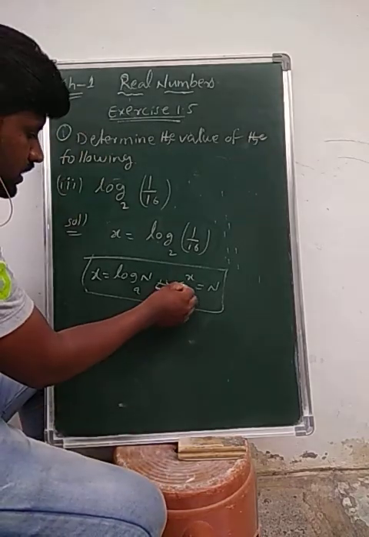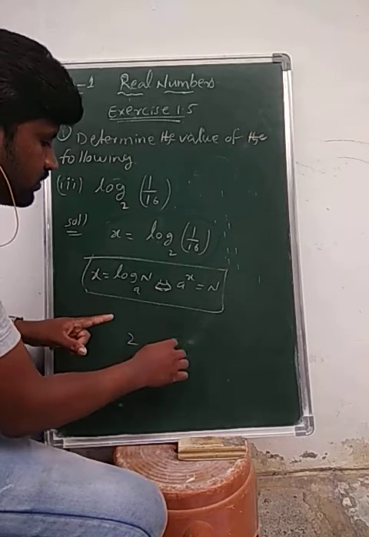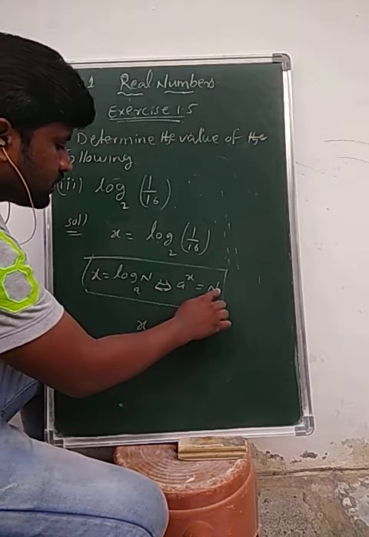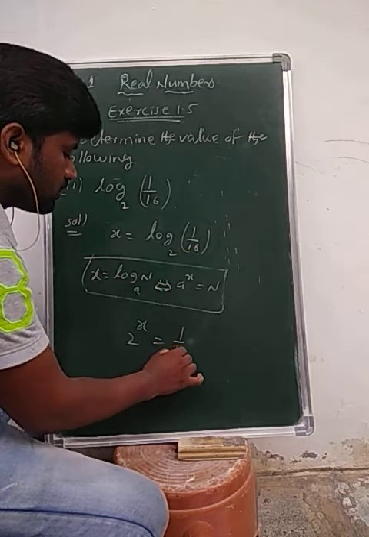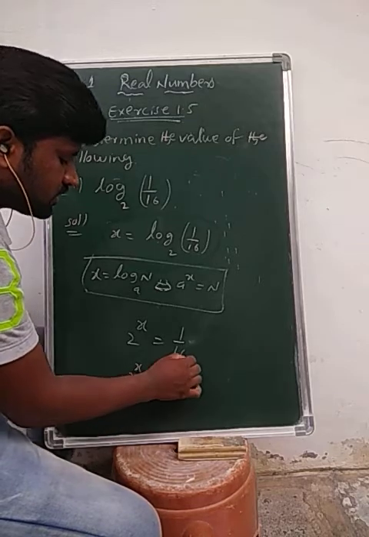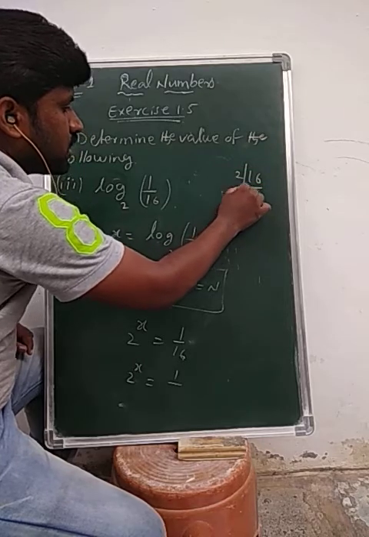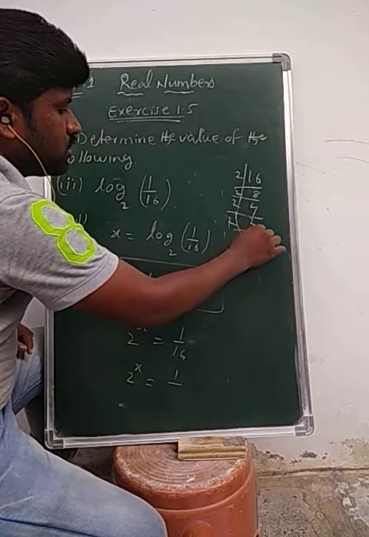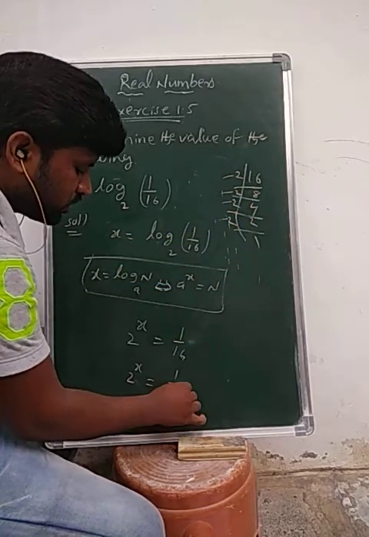Okay, this is the formula. Now see here, a means 2, so 2 power x is equal to n. In the place of n, 1 by 16 is there. Now 2 power x is equal to 1 by 16. Writing the prime factors: 2 8s are 16, 2 4s are 8, 2 2s are 4, 2 1s are 2, so we can write 16 as 2 power 4.